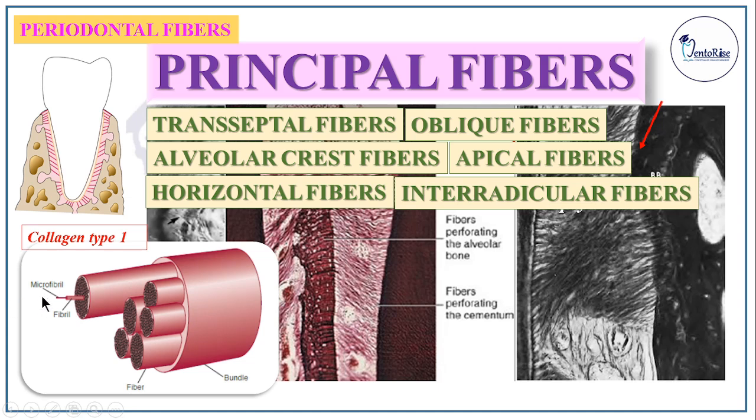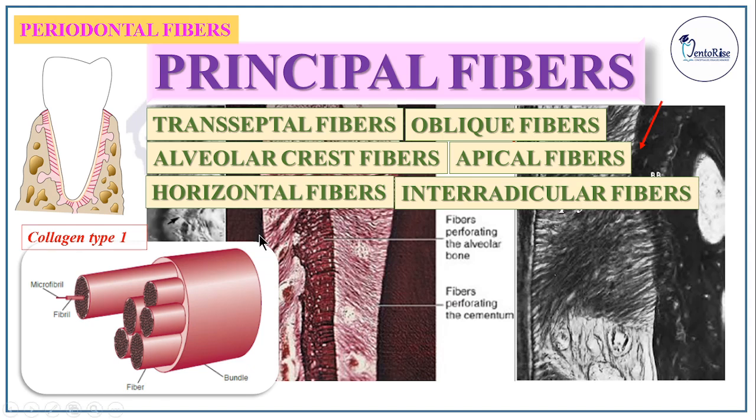These tropocollagen molecules aggregate to form initially microfibrils. A group of microfibrils aggregate to form fibrils. A group of fibrils then aggregate to form fibers, and in type 1 collagen, these fibers aggregate together to form a fiber bundle, as you can see in the figure. The collagen imparts a unique combination of flexibility and strength to the tissues.